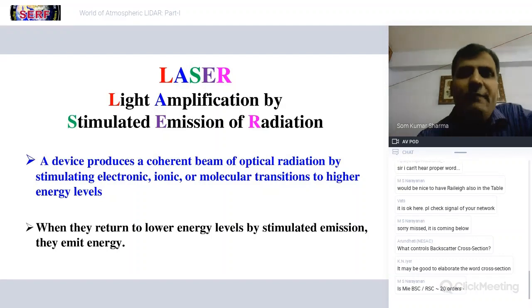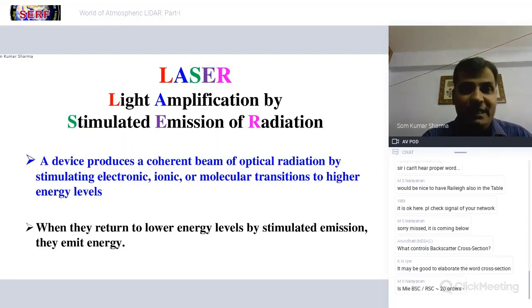Before I move further, it will be nice if you listen a little bit about lasers. Laser is a unique source of light. Nowadays it is used in various facets of our science, technology, and life.